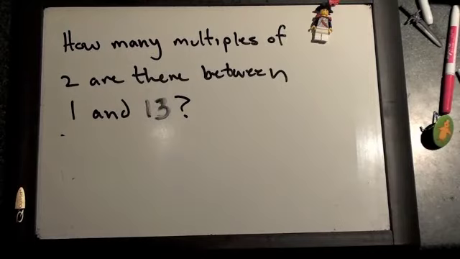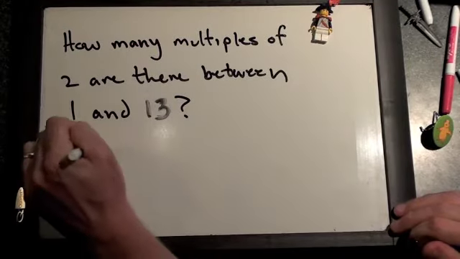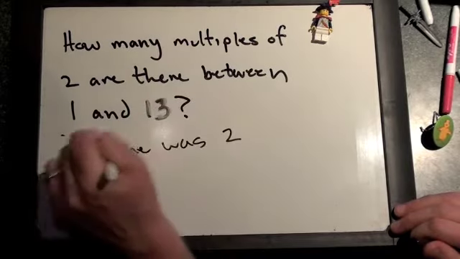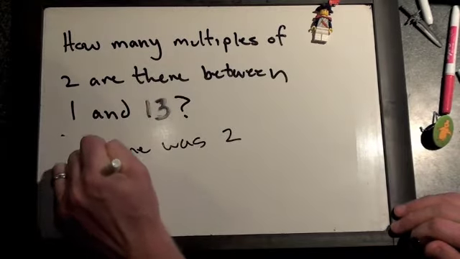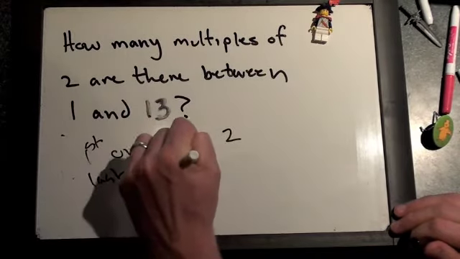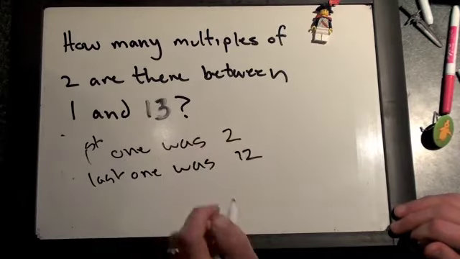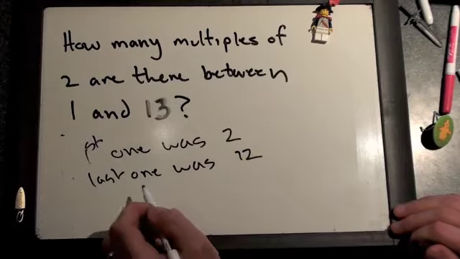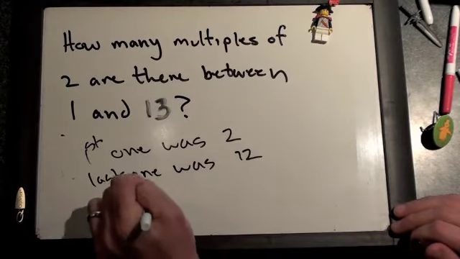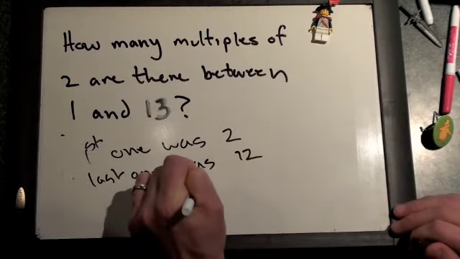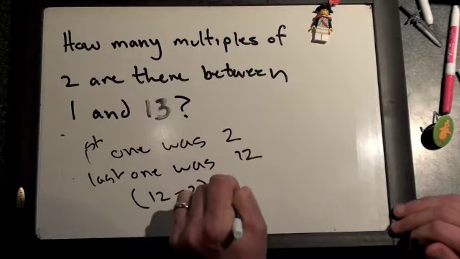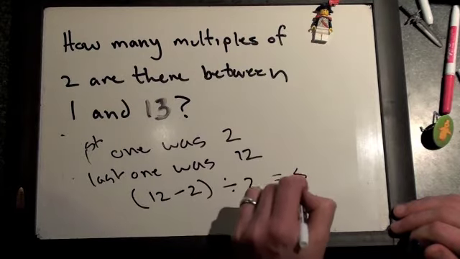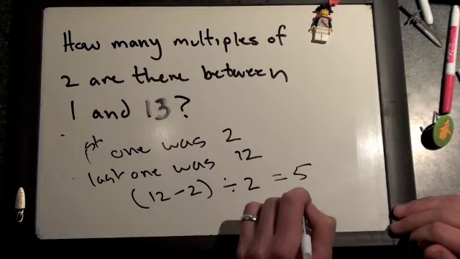So we can take 12 minus 2, which is 10, and divide it by 2, which equals 5, and then we just add 1.